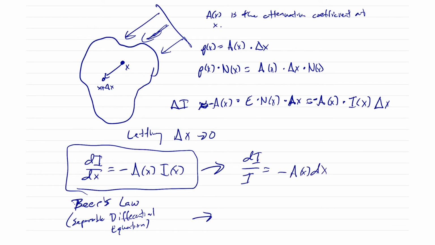And if we integrate, then we integrate from where we started to where we end. So let x naught be the emitter. How do you spell emitter?